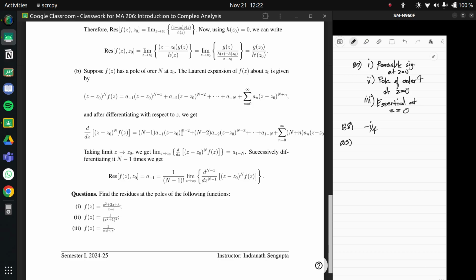Okay, so successively differentiating it n minus 1 times, we get a minus 1 is 1 upon n minus 1 factorial. So what do you want to do with that? Oh, okay, you're getting the residue somehow. So what you're trying to do is multiply by whatever is the lowest power, then take a derivative, right? Yeah.